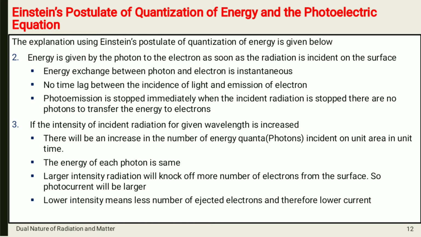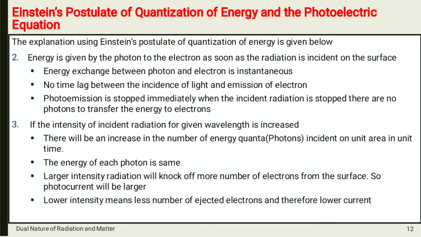Intensity is related to the number of photons. So a large number of photons will be incident on unit area in unit time. The energy of each photon is the same. The number of photons will increase but the energy of each photon is the same. Larger intensity radiation will knock off more electrons from the metal surface. So photocurrent will be larger.